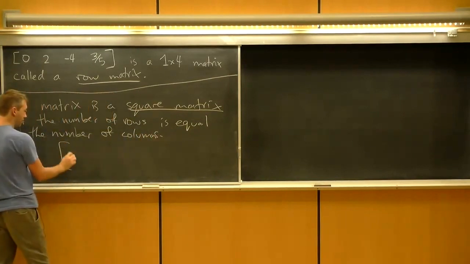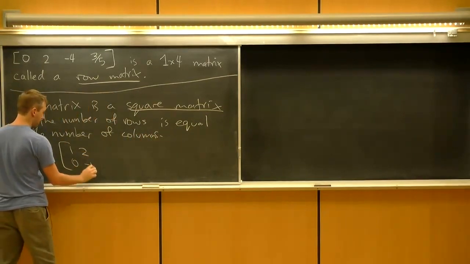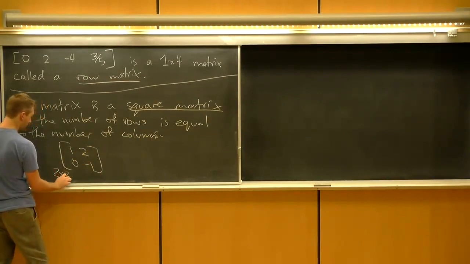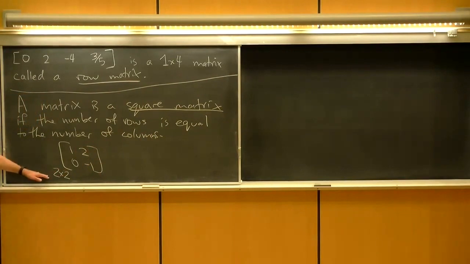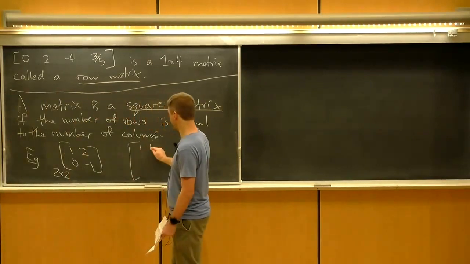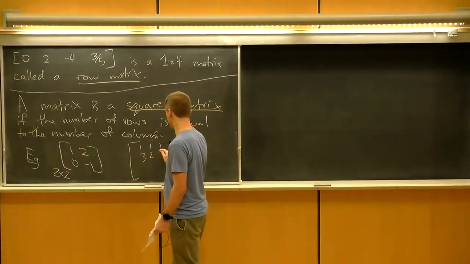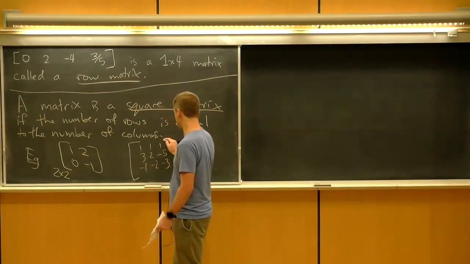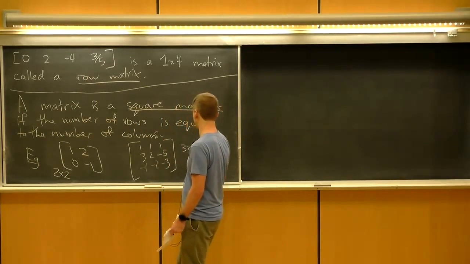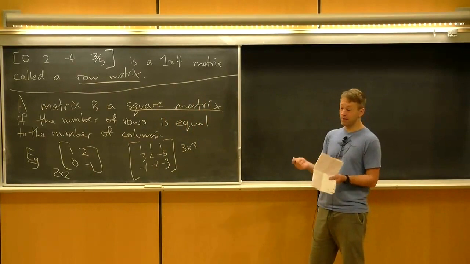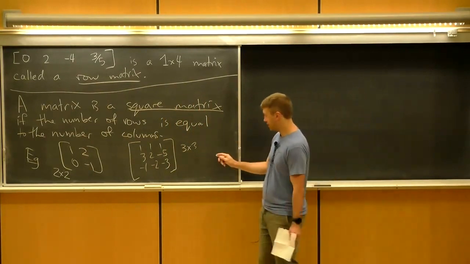For example, this matrix is 2 by 2: 2 rows, 2 columns, so that's a square matrix. This one is 3 by 3. And then the simplest possible matrix is just a 1 by 1.